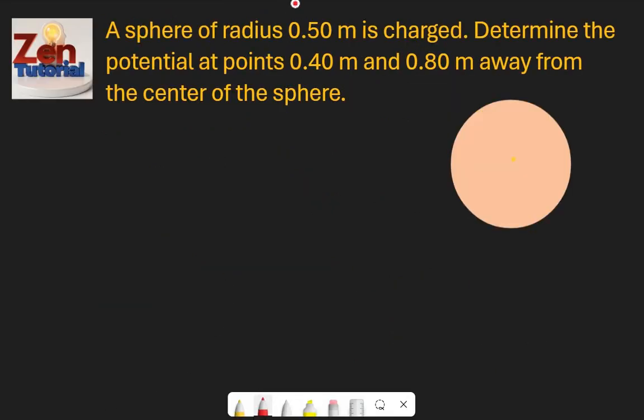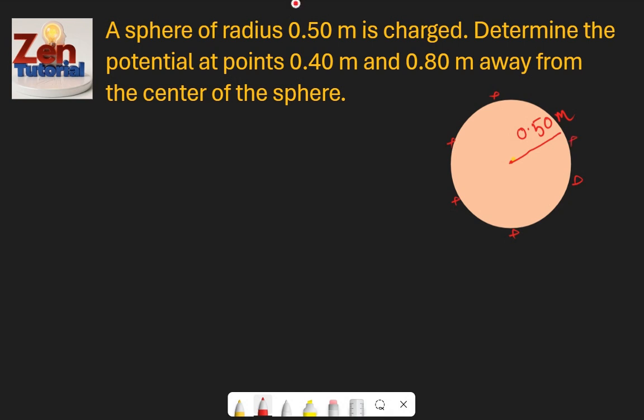A sphere's radius is 0.5 meter from the center. So from the center up to this length is 0.50 meter. And obviously this sphere is full of charge. So let's consider everywhere the sphere is full of charge.